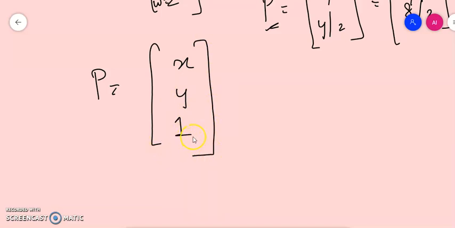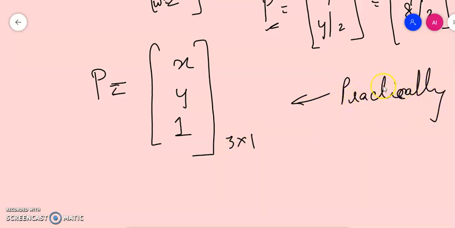If I'm writing this as 1, there is no need to divide. So this is P, the homogeneous coordinate with 3 rows and 1 column. This is used practically. So P is equal to x, y, 1, that becomes my point matrix. Henceforth we will be using this.